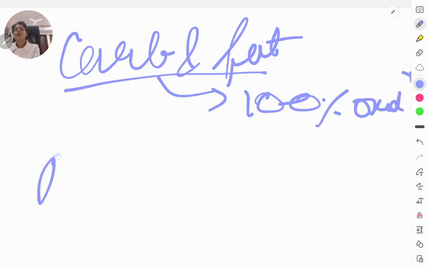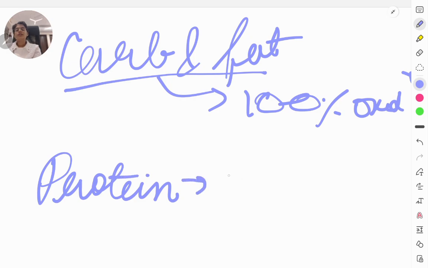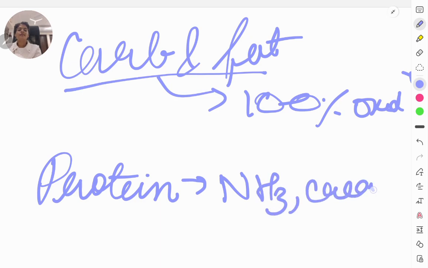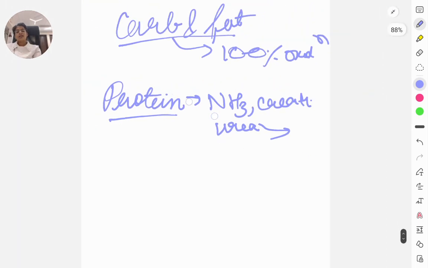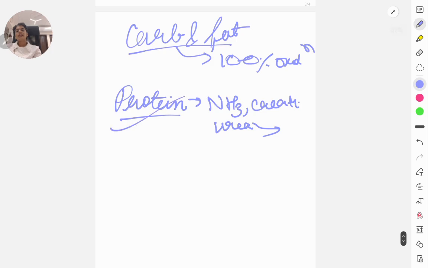But in the case of protein, it gets converted into ammonia, creatinine, urea and then gets excreted out. So the calorimeter would measure more as compared to that in the body, thereby the value would be less in actual.